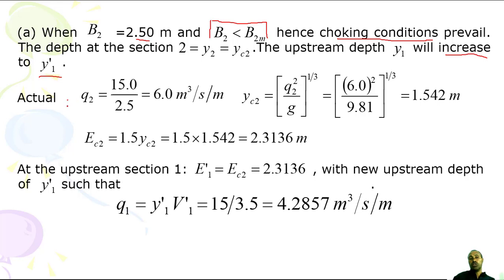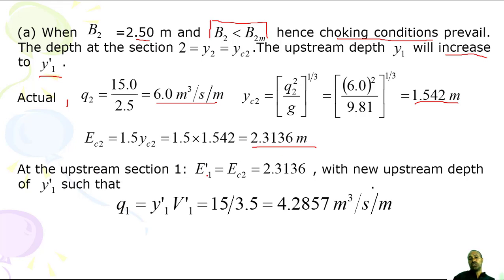So actual Q2 you can find: 15 divided by 2.5, actual discharge divided by width of the channel, 6 meter cube per second per meter. The critical depth at section 2 is 1.542. Then specific energy again 3 over 2 of YC. Then you have 2.3136 meter.